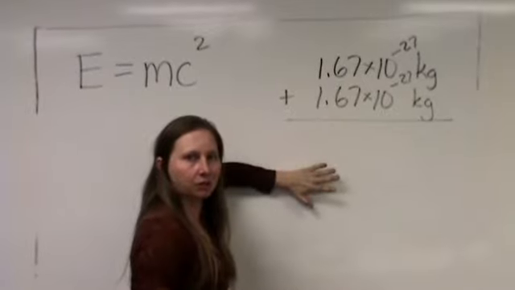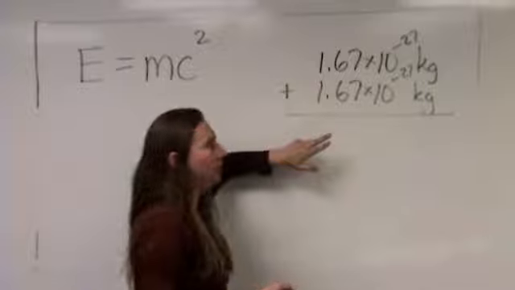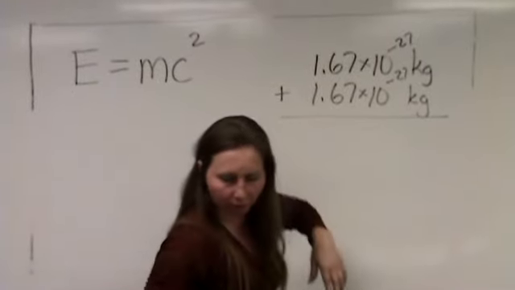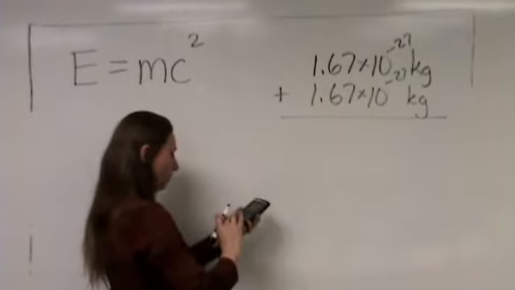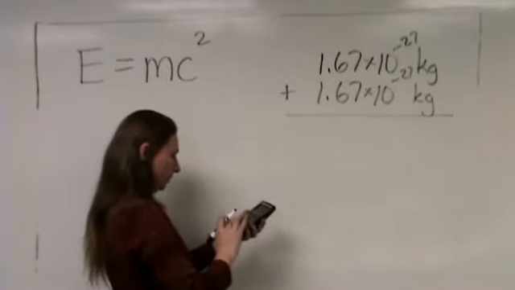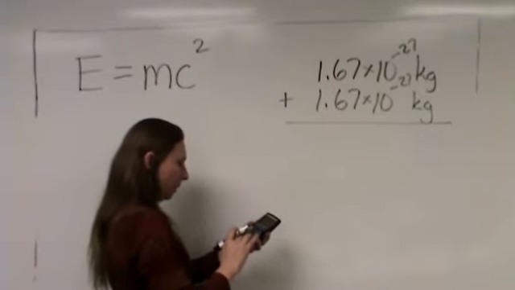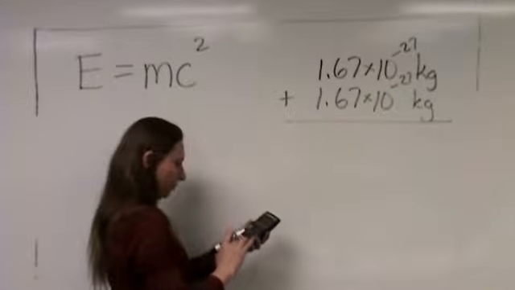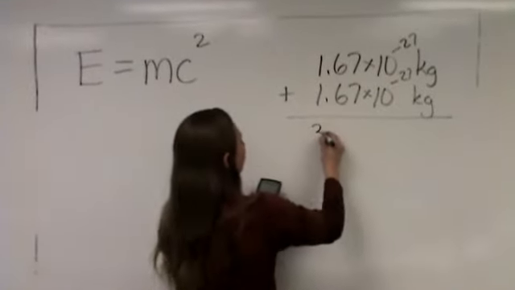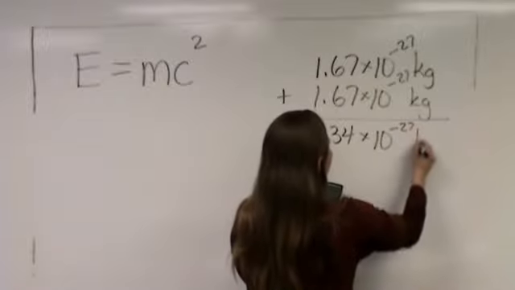The mass, not the charge. The charge would cancel. The mass of the two of these would total, all right, let's add it together. 1.67 times 10 to the negative 27 plus 1.67 times 10 to the negative 27, and we get 3.34 times 10 to the negative 27.